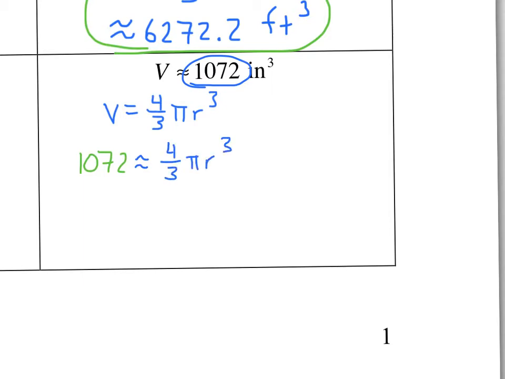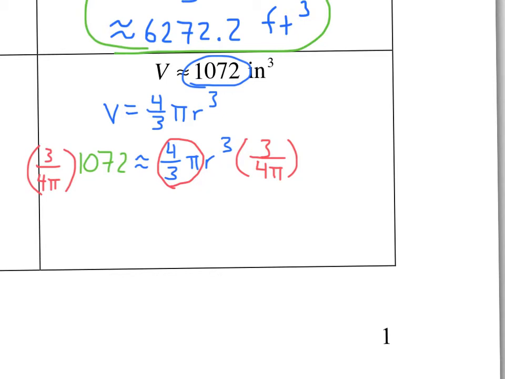Now I need to get rid of two things. I am going to get rid of all this by multiplying by the reciprocal. What does that mean? The 4 is now below with the pi, and the 3 is on the top in the numerator. So, in other words, with my calculator, I'm going to multiply the 1072 by 3 and divide by the 4 pi.